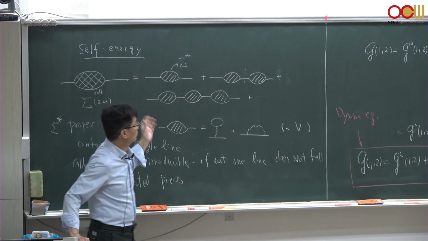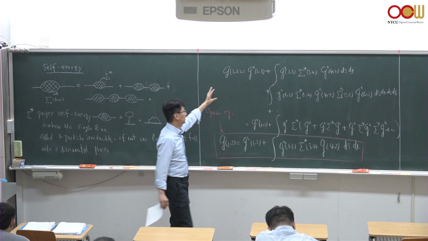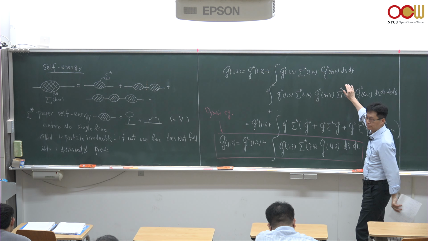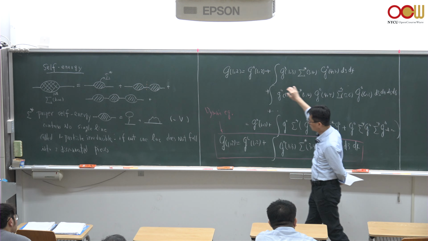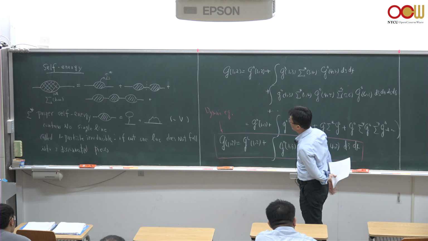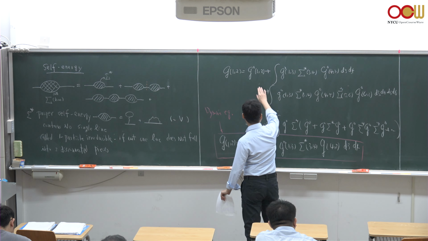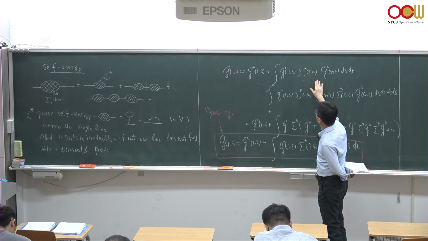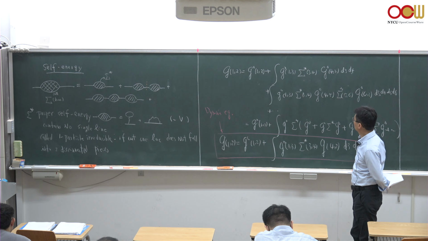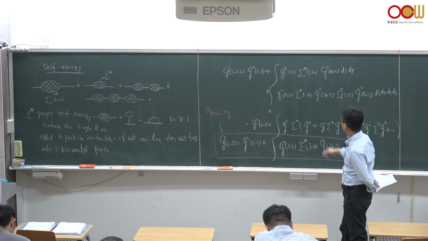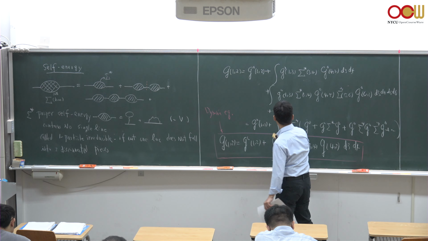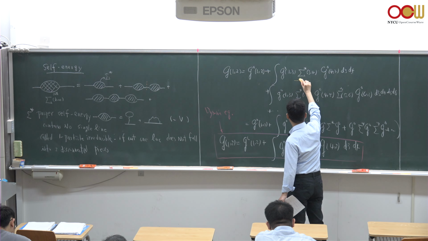Okay? And then we could formally write down all these expressions by summing over all these diagrams, like this. The first term is the bare propagator, or the bare Green's function, right? And the second term is the first non-trivial order to include the self-energy. This one irreducible self-energy diagram is precisely this stuff right there.